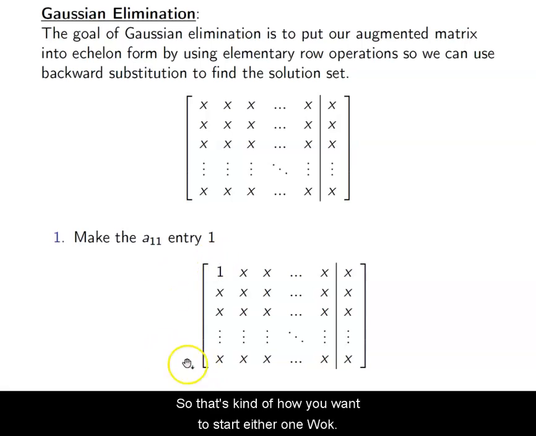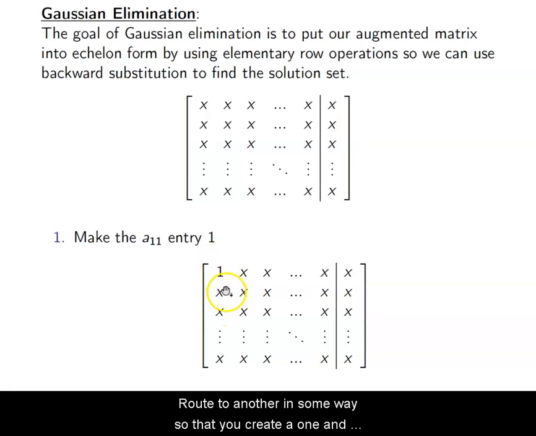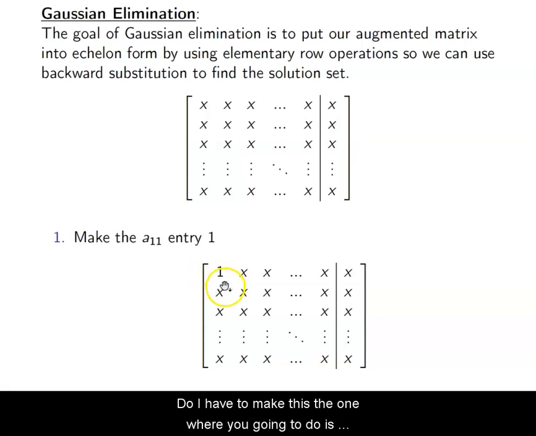Either do a swap so that you have a 1 here, or add one row to another in some way so that you create a 1 and then do a swap. That's generally how you would want to start this, because you have a lot of options available at this point. Okay, so after you make this a 1, what you're going to do is you're going to make everything below it a 0.